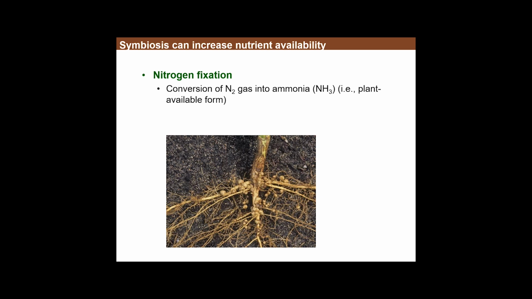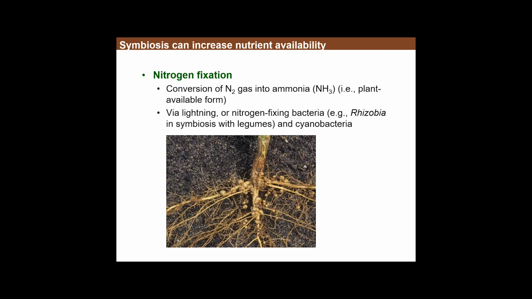Plants can't use nitrogen gas, but they can use ammonia, which can be fixed from the atmosphere, converted from nitrogen gas by way of lightning or nitrogen-fixing bacteria like rhizobia in symbiosis with a legume, as you can see in this picture, or also blue-green algae or cyanobacteria.